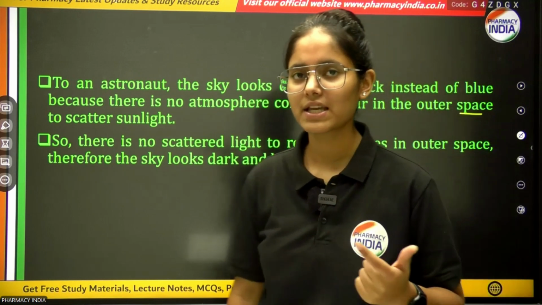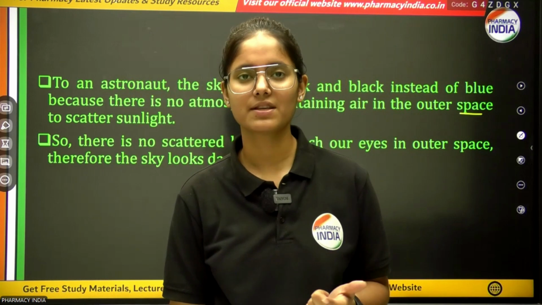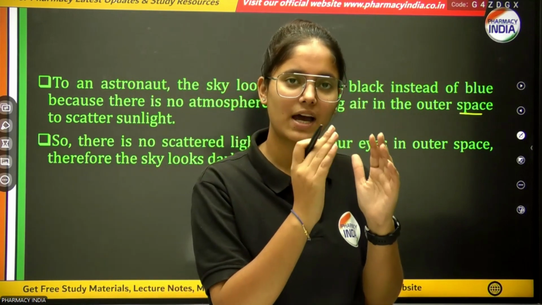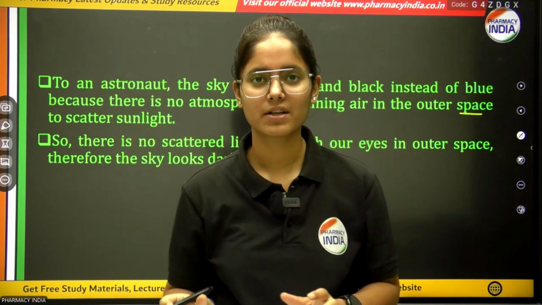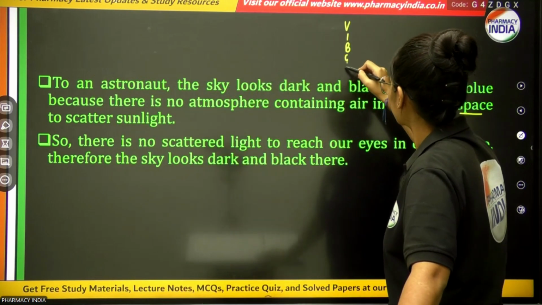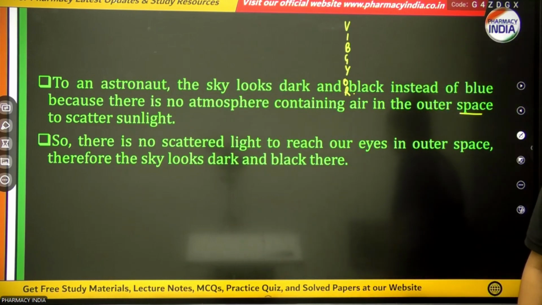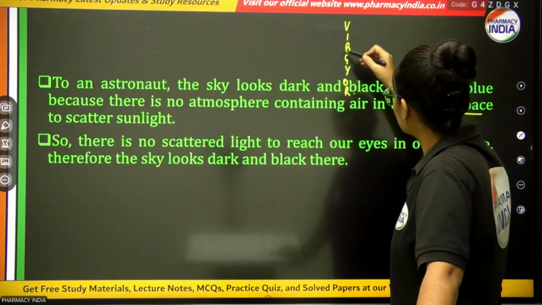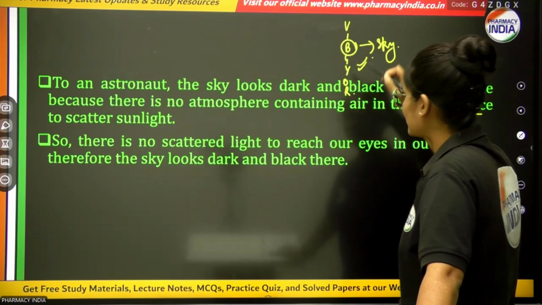You have seen a prism. Clear? You must have seen a prism. So a prism is that particular thing which converts white light into 7 particular colors. That is your Vibgyor. Clear? And we see a blue colored sky due to this scattering.